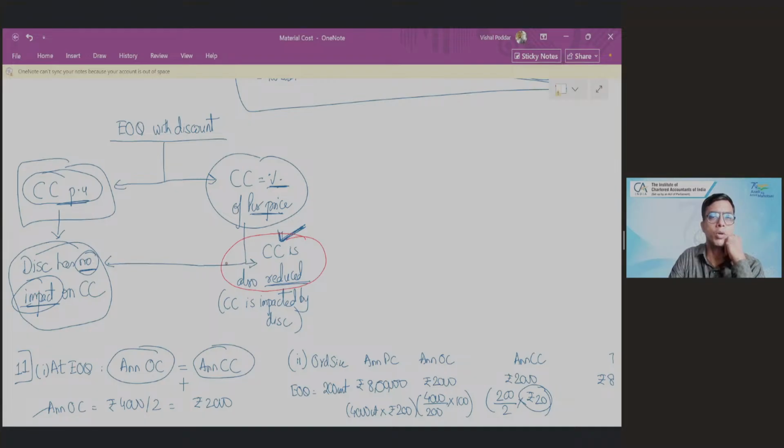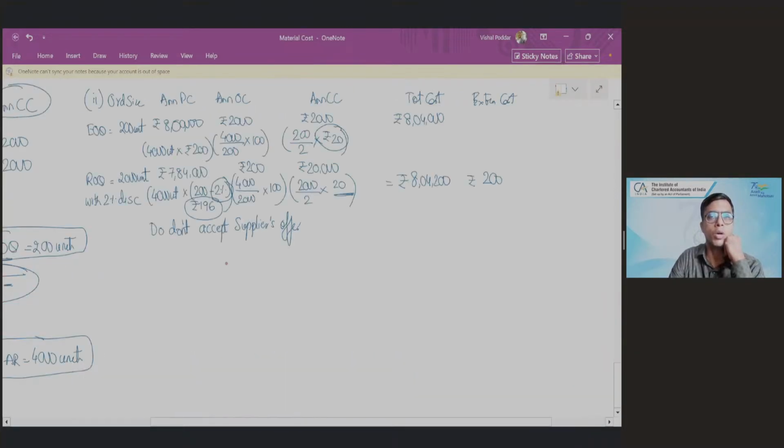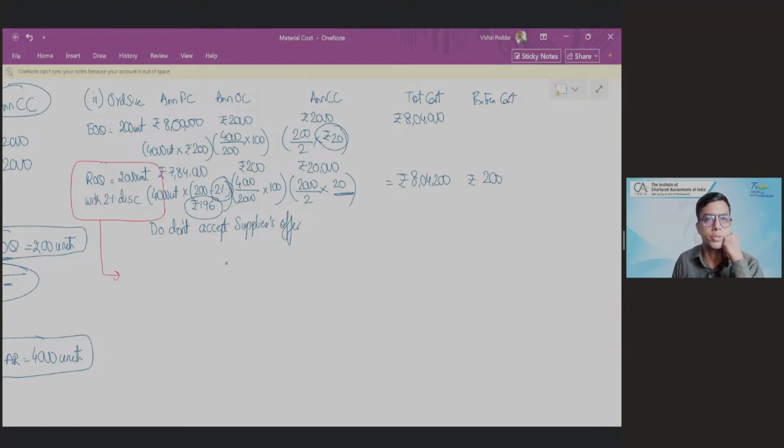So I just modify the question to explain how it will matter. So let us say the same thing we are resolving on the second basis, that discount is affecting carrying cost. Now, this amount will remain the same because I have already discounted this. This will remain the same as there is no difference in the working.